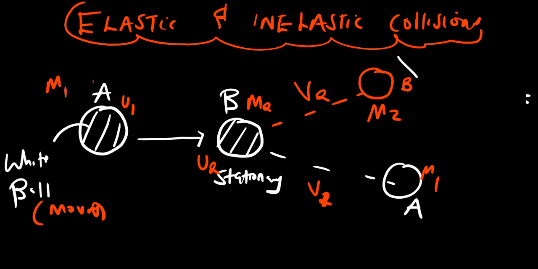So what do you need to know about this? When we're talking about inelastic collision, a collision is just the coming together of two objects. Maybe they hit each other.